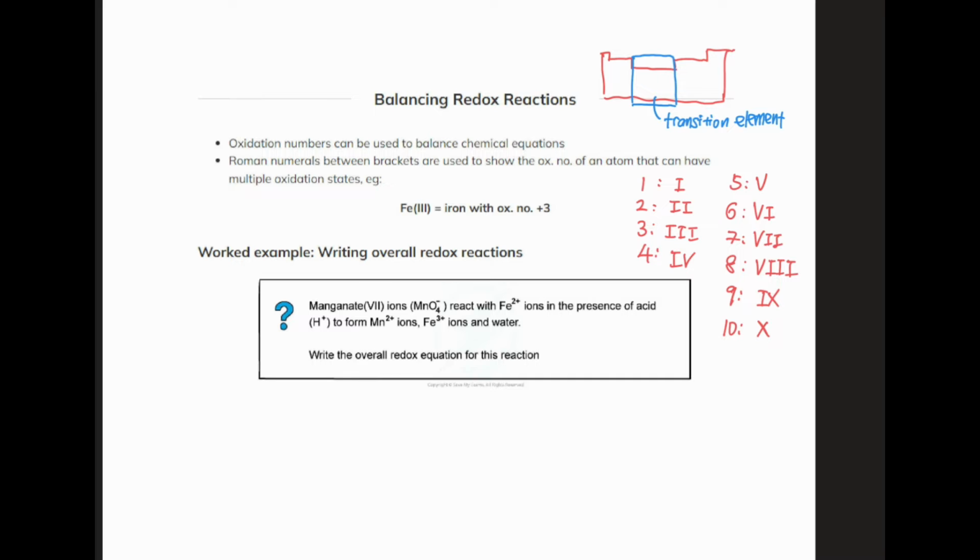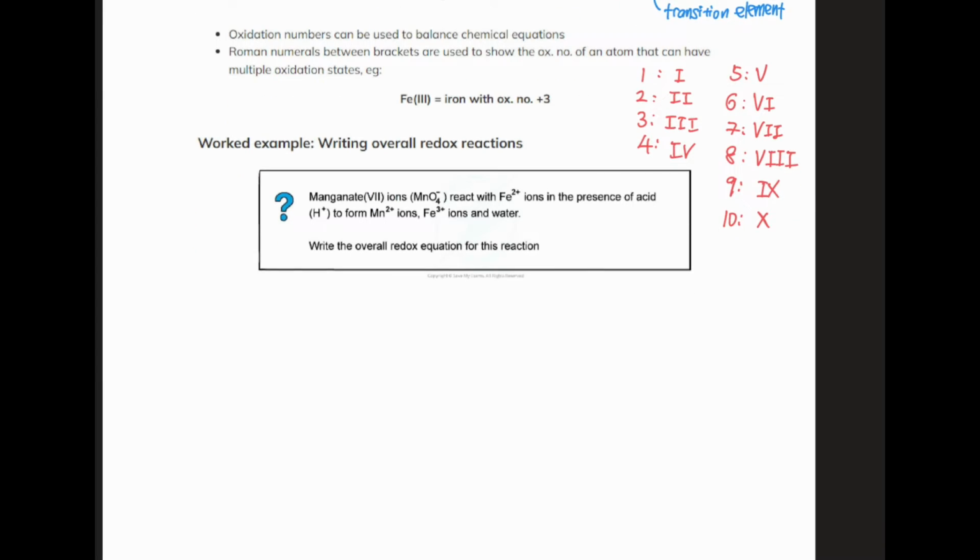Okay, so first we just write what they give. They give us MnO4 minus, then they give us Fe2 plus, then in the presence of acid, so they give us H plus, to form Mn2 plus, Fe3 plus, water H2O.